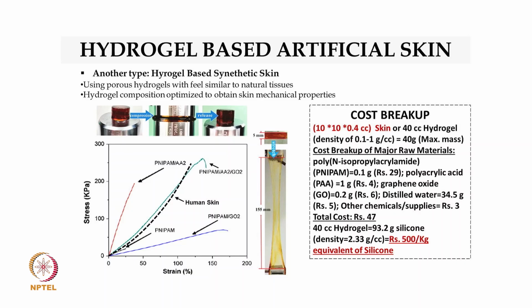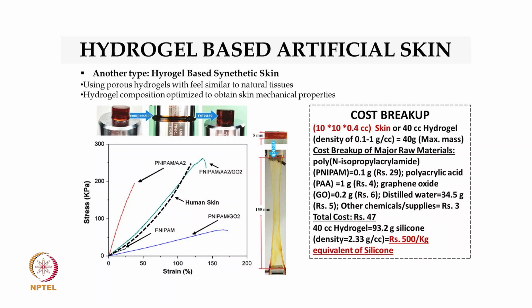So the cost breakup of the major raw materials: poly N-isopropylacrylamide, which is PNIPAM, at 0.1 gram would cost around rupees 29, right? Polyacrylic acid, which is PAA, would cost for 1 gram around rupees 4.